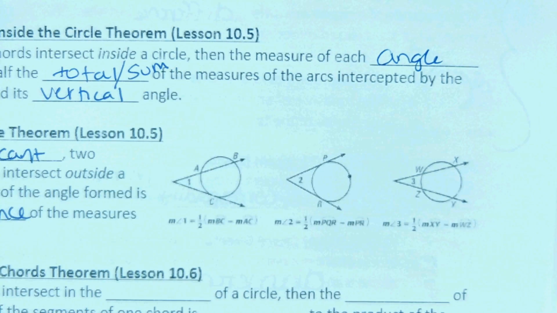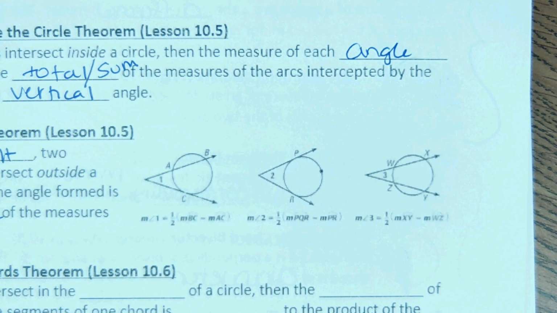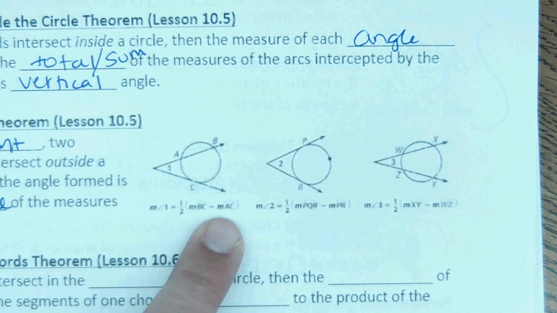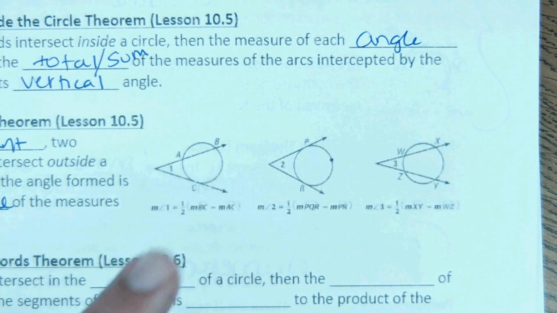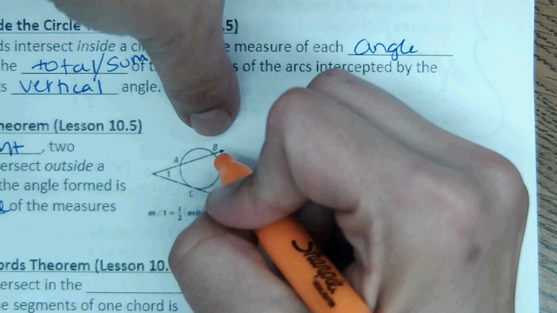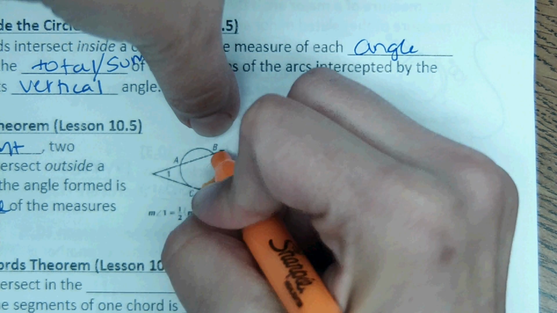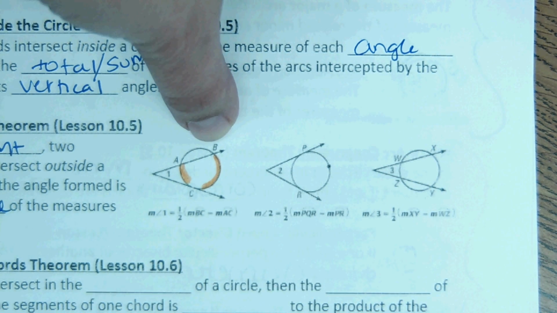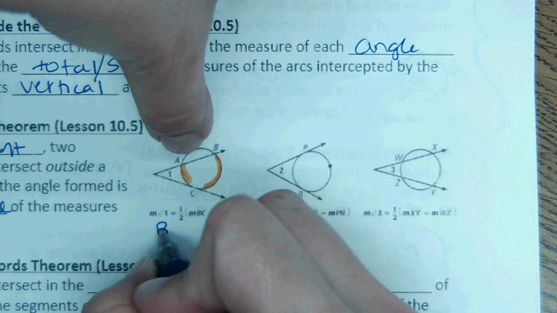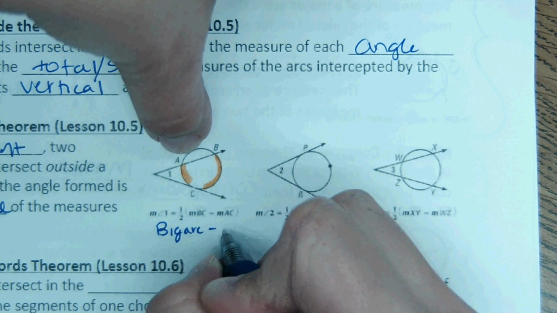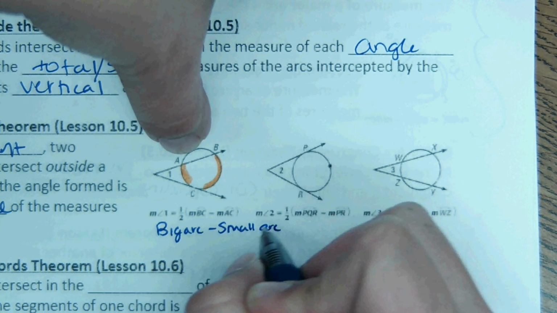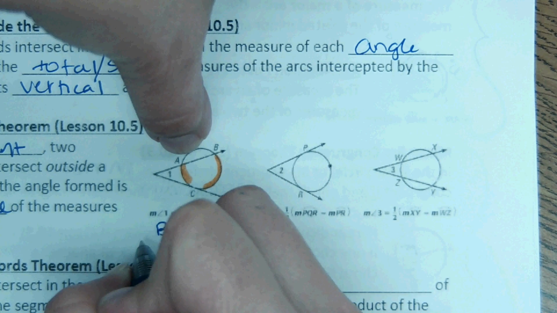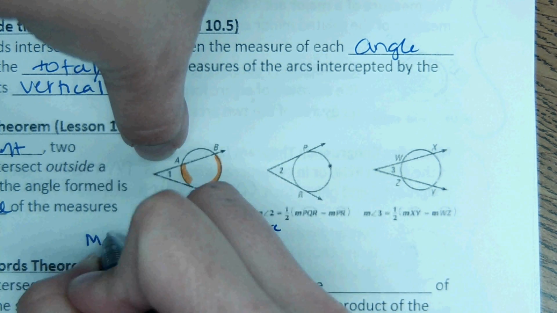Okay, so for these examples right here, this is the equation. We're going to make it seem a little bit simpler than that. So we're going to call this the big arc, and this is the small arc. So we're going to do big arc minus small arc divided by 2 equals the measure of the angle, in this case, measure of angle 1.